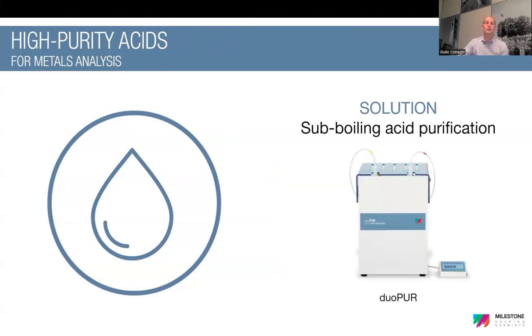A good way to address this challenge is to use an in-house subboiling acid purification system that enables purifying reagent-grade acid into high-purity acid, and therefore cuts not only the cost of the reagent, but enables the lab to produce in-house the quality of acid that they need to perform the different kinds of analysis.